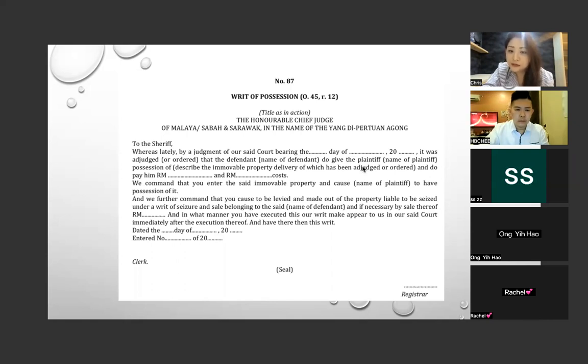You have to put in the details of the property, the title number, the address, the amount being awarded in the judgment and also the cost. So you file in your writ and apply for the court order itself.